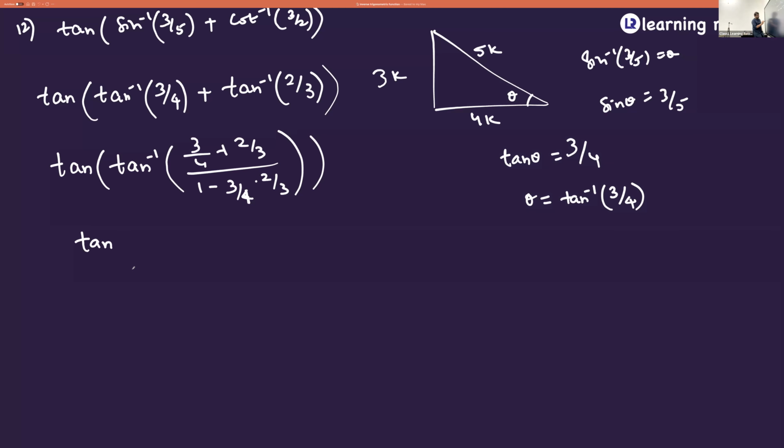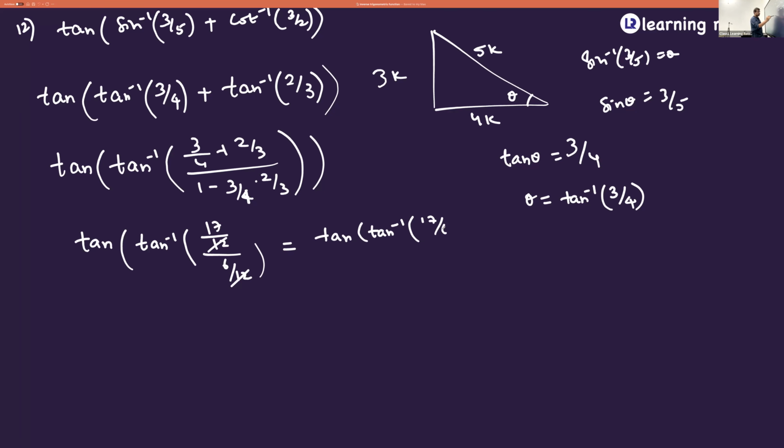So tan inverse of 9 plus 8, 17 by 12, divided by 12 minus 6, 6 by 12. Cancel this and this. So it will be tan inverse of 17 divided by 6. Answer will be 17 by 6. This is the required answer.